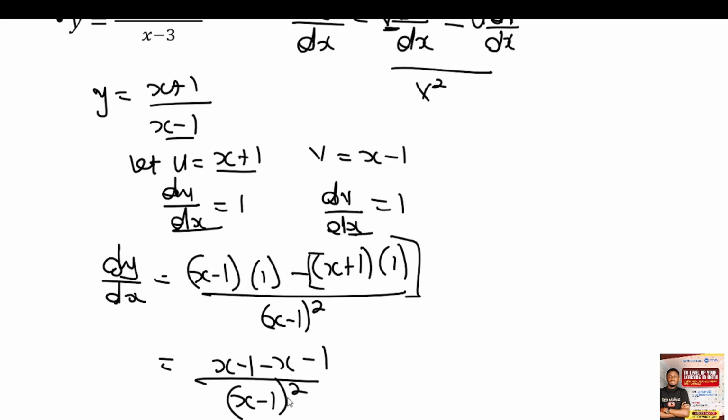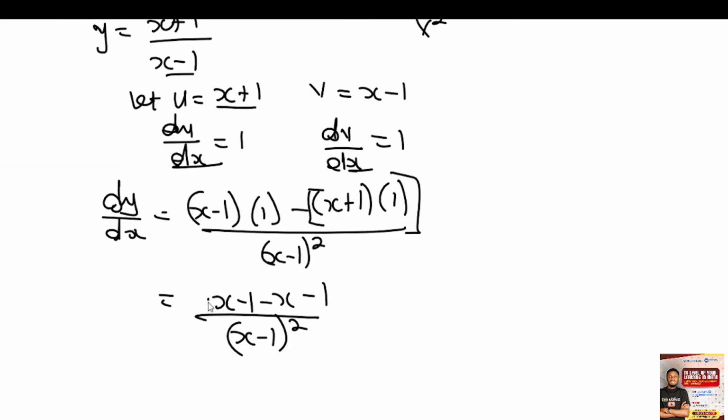Now the next thing, we can cancel out here. We have positive x, negative x here. So we cancel this one out. And then we have negative 2 on x minus 1 all squared. So this is the final result for our differentiation.